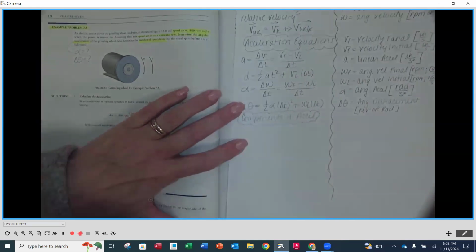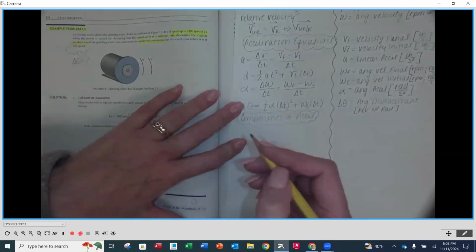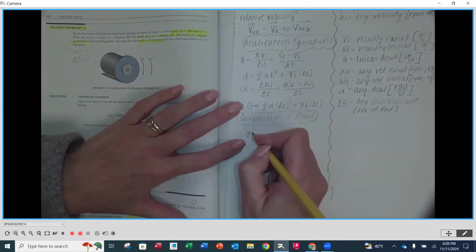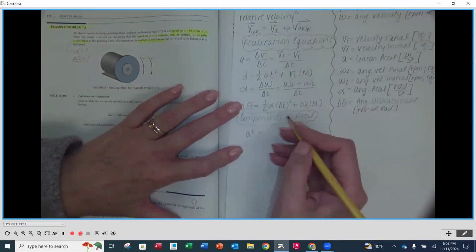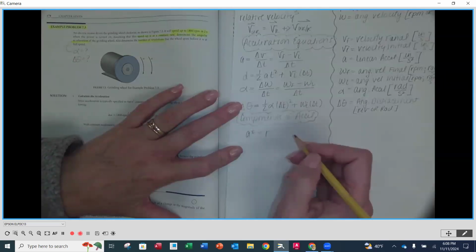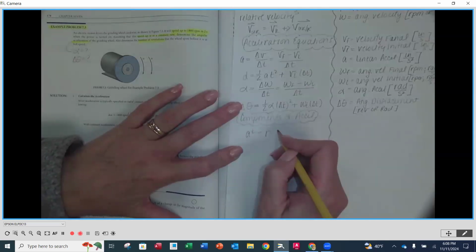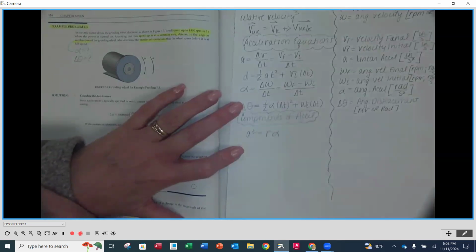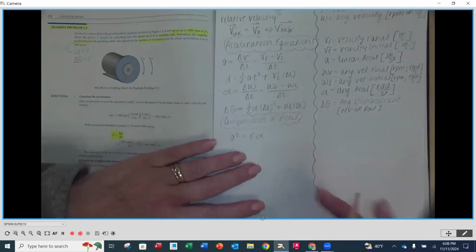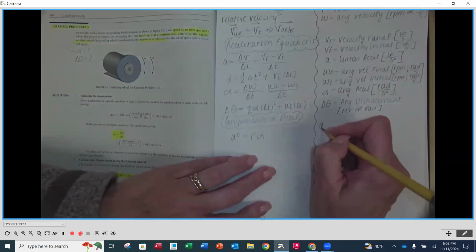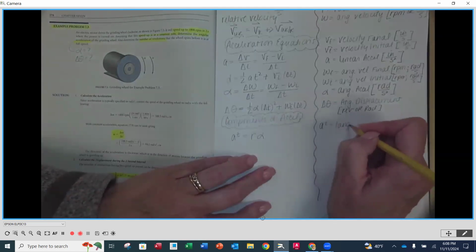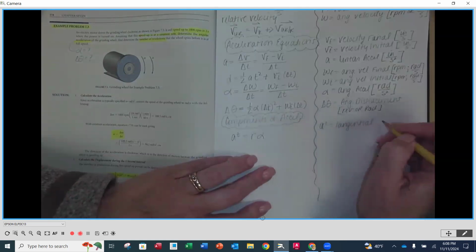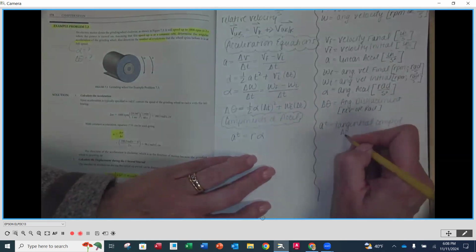My first one is going to be the tangential acceleration is going to be equal to my radius, or my distance away from the center of rotation, times alpha, or the angular acceleration. So AT is going to be the tangential component of acceleration.